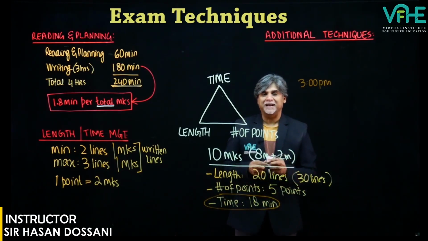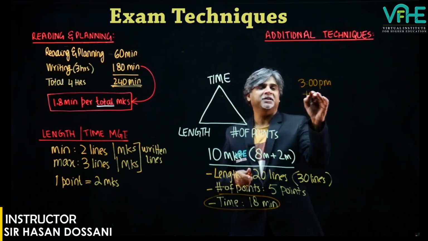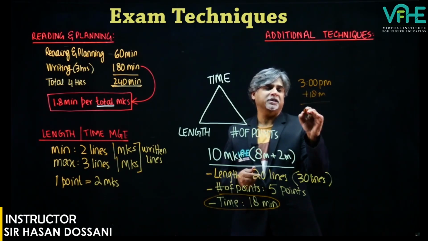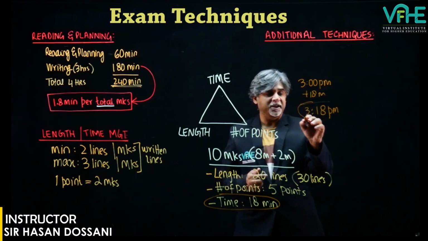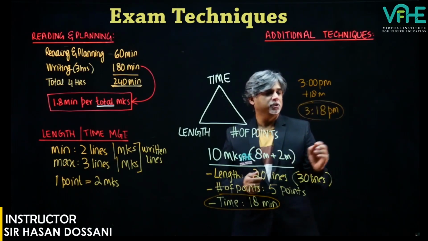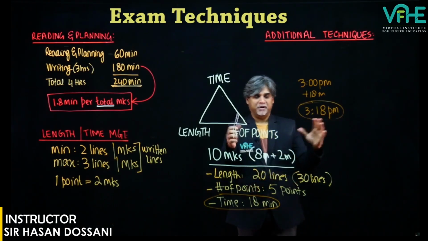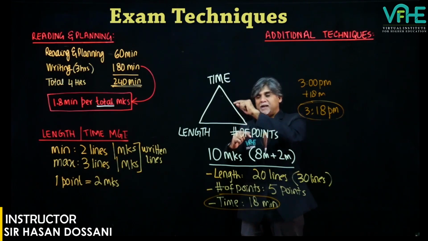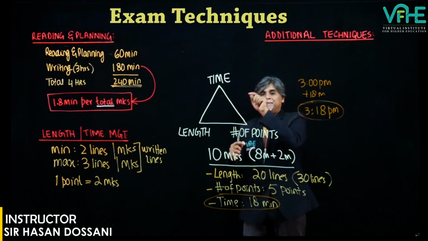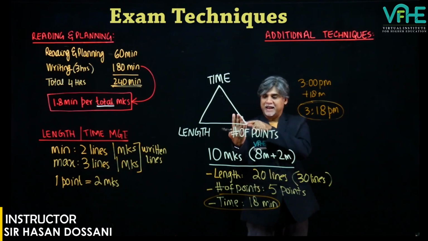You're supposed to spend maximum 18 minutes. So when this should end, you add these 18 minutes. So you should stop writing at 3:18, the stop time. You need to write it in front of your question paper. Wherever the question number is, just write 3:18 p.m. and put a big circle so that you can see the ending time.